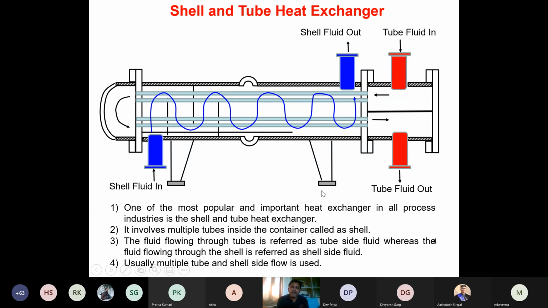Again, there are multiple shell side passes also possible. In this case, I have shown that there are two tube passes and one shell side pass. But you can have multiple shell side passes as well. In fact, you might have seen a shell and tube heat exchanger exactly similar to this in your experiment, where there are two tube side passes and one shell side pass, isn't it? Correct? Yes, sir. Correct. Okay.